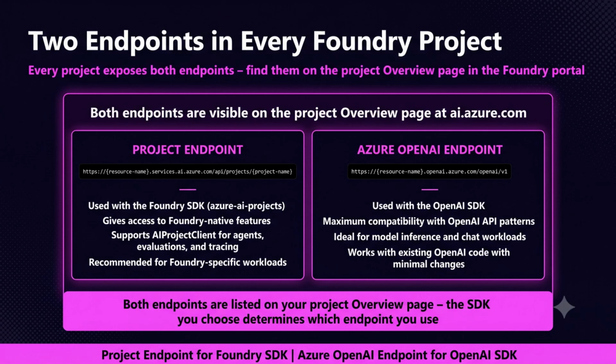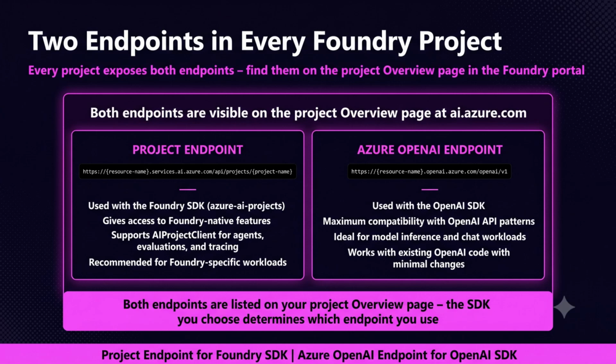It follows the format HTTPS, then the resource name, .services.ai.azure.com, followed by API/projects/ and the project name. This is the endpoint you use when working with the Foundry SDK. It gives you access to Foundry native capabilities like agents, evaluations, tracing, and project metadata.